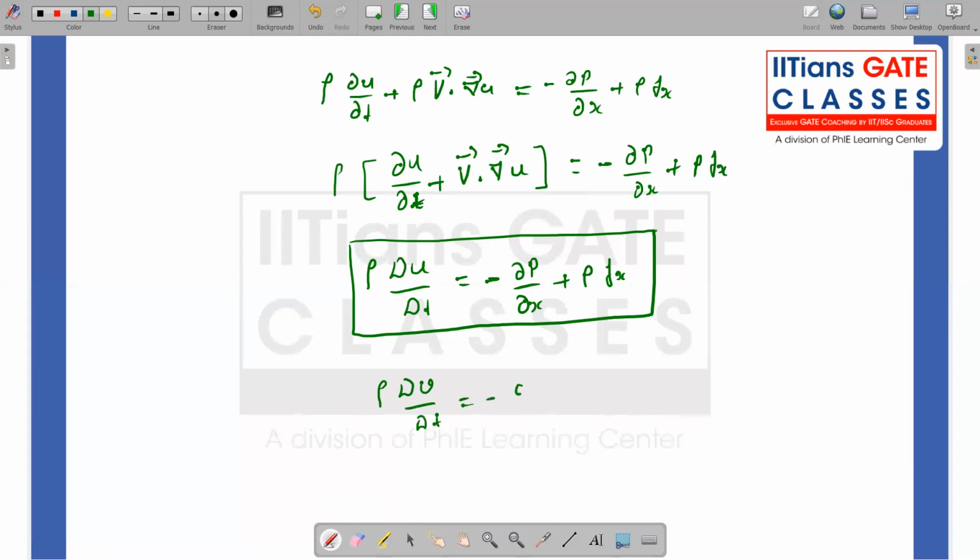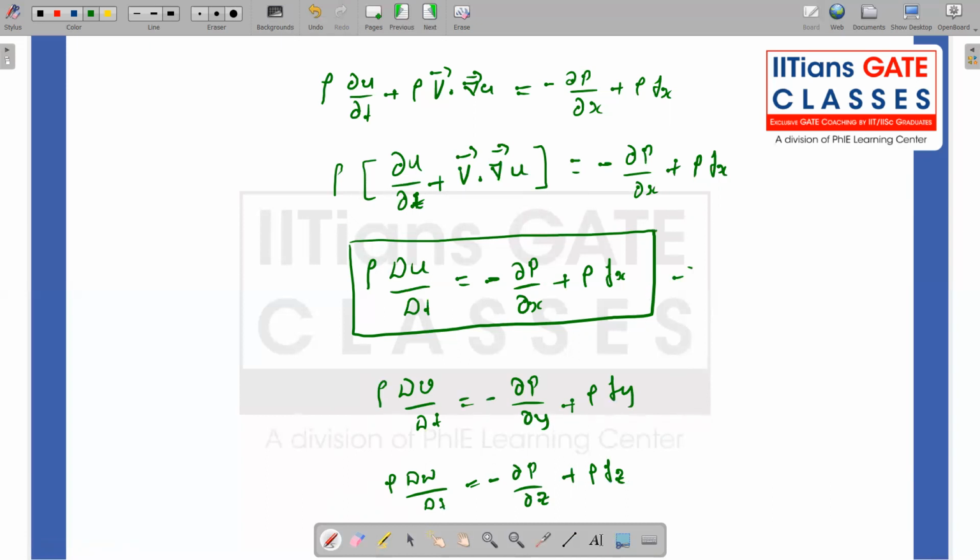Similarly, I can write it for the other components of velocity: rho dv/dt equal to minus ∂p/∂y plus rho fy, and rho dw/dt equal to minus ∂p/∂z plus rho fz. These are the momentum equations corresponding to the other two components of velocity.